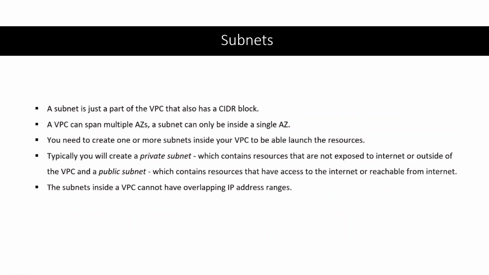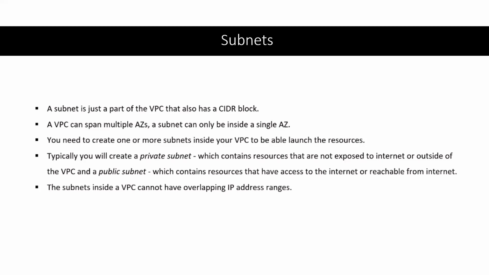Subnet, we all would have an understanding by now, as we have worked on EC2 instances. A subnet is always tied to an availability zone. In each availability zone, you can have a public subnet as well as a private subnet.